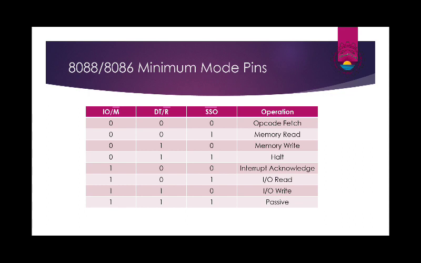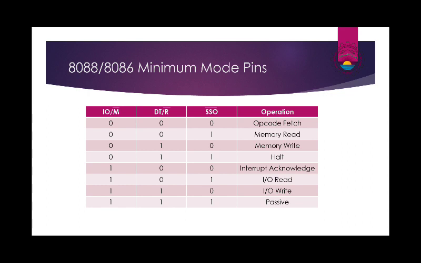So DT slash R bar is having 0 and SS0 bar is 0 for opcode fetch bus cycle. The only difference between opcode fetch and memory read bus cycle is that SS0 bar is having 0 for opcode fetch, but there is a 1 at SS0 bar for memory read bus cycle.